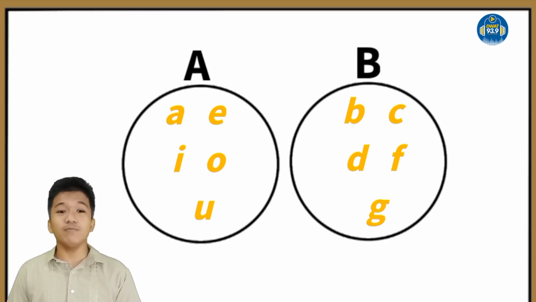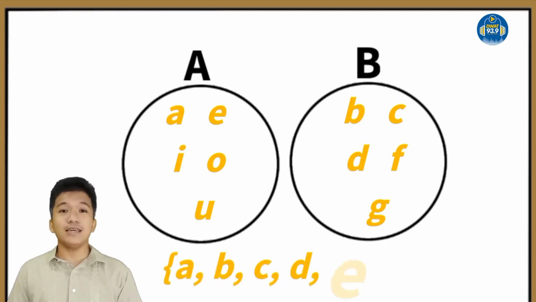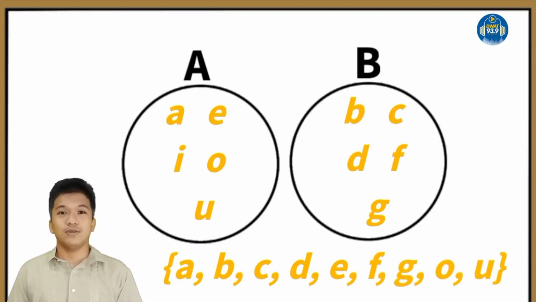Its elements will be A, B, C, D, E, F, G, I, O, U. You're right. That is an example of union of two sets.